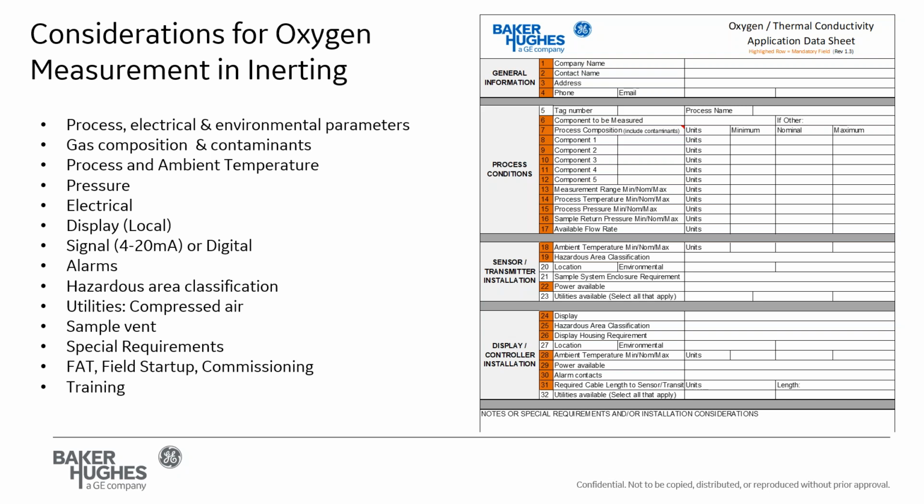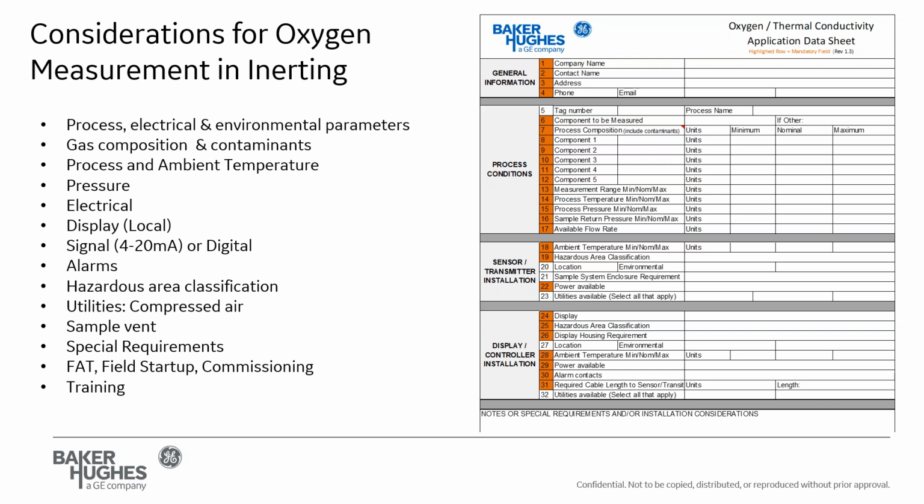Either you can fill it out or we can fill it out with you over the phone. But we're trying to capture what the process and environmental parameters are, what the gas composition is, the temperature of the process, the pressure of the process, as well as the ambient temperature, the electrical requirements, the safety requirements. Is this a hazardous area? Do we need Class 1, Div 1, or Div 2 certification?